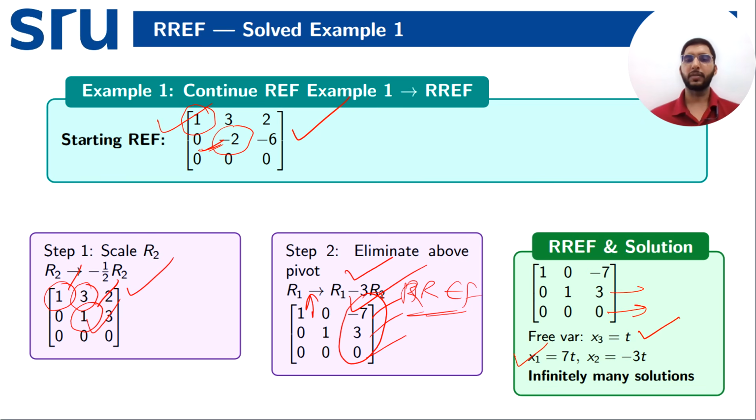Solving these two from this step, I'll be writing the equation as x2 plus 3 times x3, and we can solve that if the right hand side is given. I hope you are getting it.